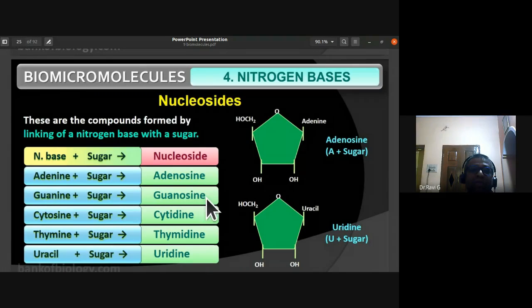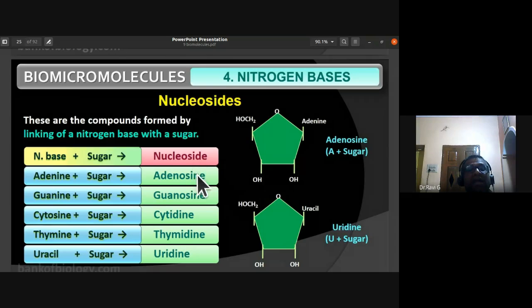So you should be able to differentiate what we are talking about based on the spellings and the terms that we use. Adenine is a nitrogenous base. Adenosine is a nucleoside. Adenilic acid or adenosine monophosphate is a nucleotide. AMP or adenilic acid is a nucleotide, which we'll be studying under the macromolecules.